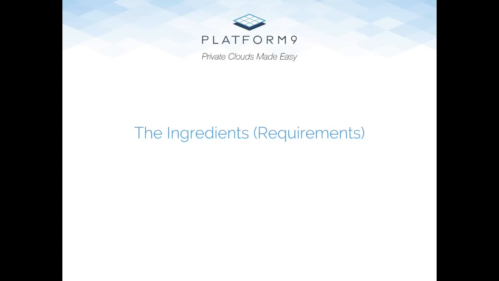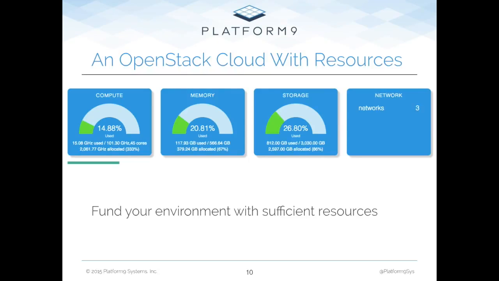Okay, so now that the benefits of OpenStack are clear, let's start by talking about the recipe for continuous integration. We're going to start by talking about the requirements. The key requirement, of course, is an OpenStack private cloud that has been funded with a sufficient amount of resources, right? And there are several options here for you.